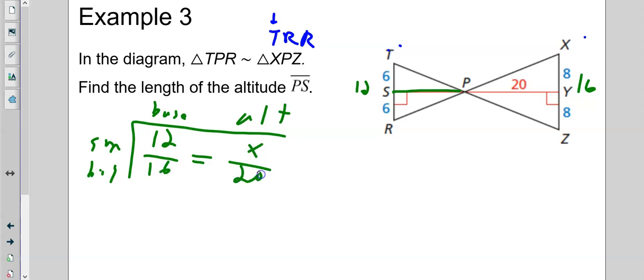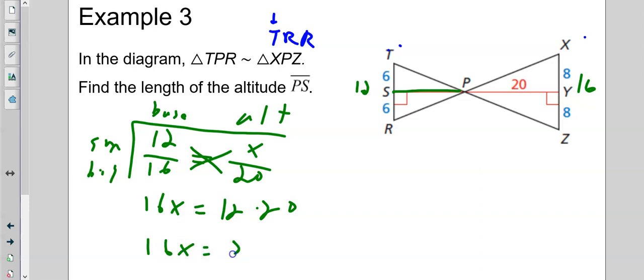The big altitude is 20. 16 times x equals 12 times 20. Easy to do in our head, the first part at least. 2 times 12 is 24, and tack on the 0. And then we just need to do 240 divided by 16, which is 15. So this right here is 15.